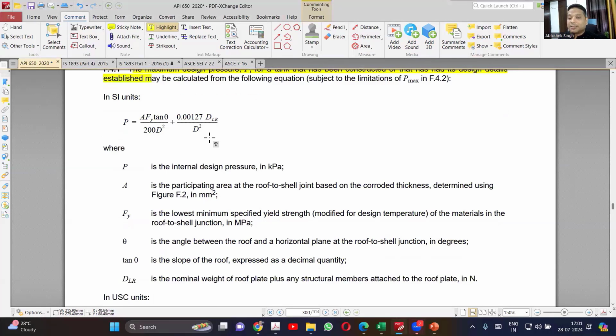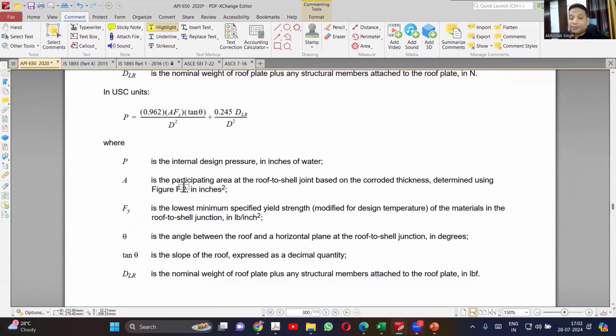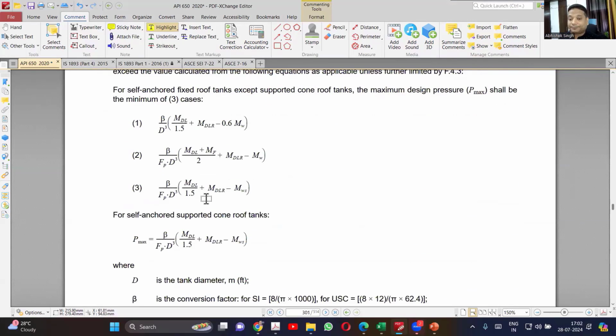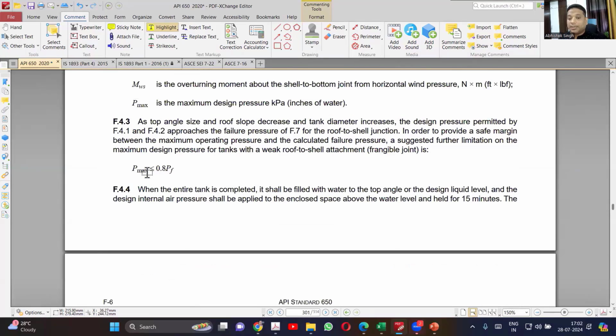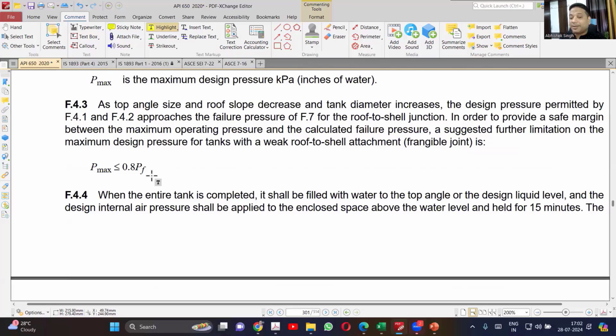This calculation will give you the maximum pressure which you can apply, and then you'll make sure that the maximum pressure which you have calculated is less than 0.8 times PF.